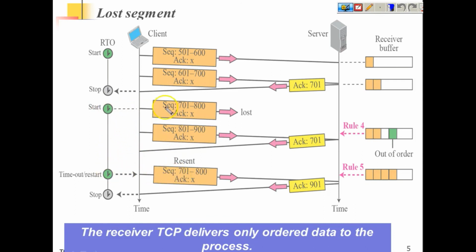So here you can see that when this packet is delivered, this timer gets started and it has to wait for some duration. And if within this duration there is no acknowledgement for this packet, then it will be resent.